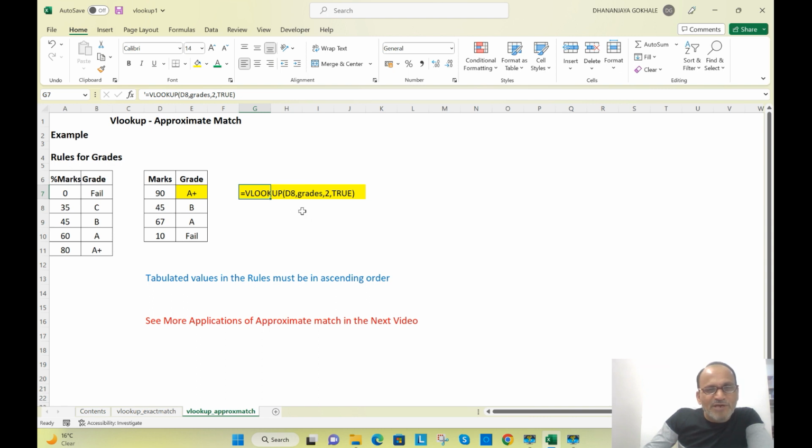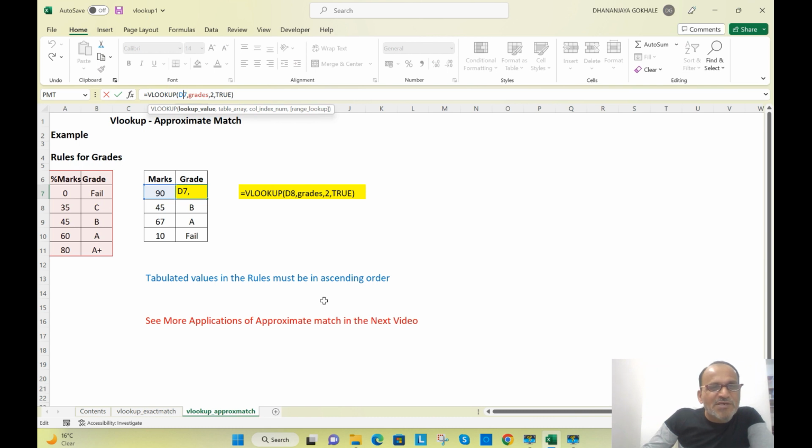I think I should move over here. One row seems to have got deleted. Never mind, this is the correct formula which will give the correct result. You can see here the lookup value is 90, which means it is D7.